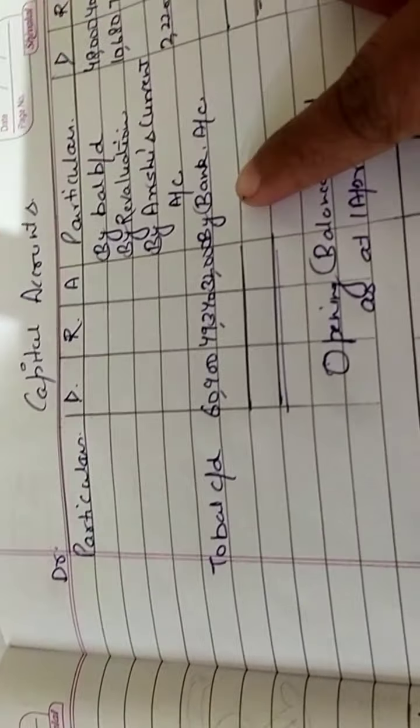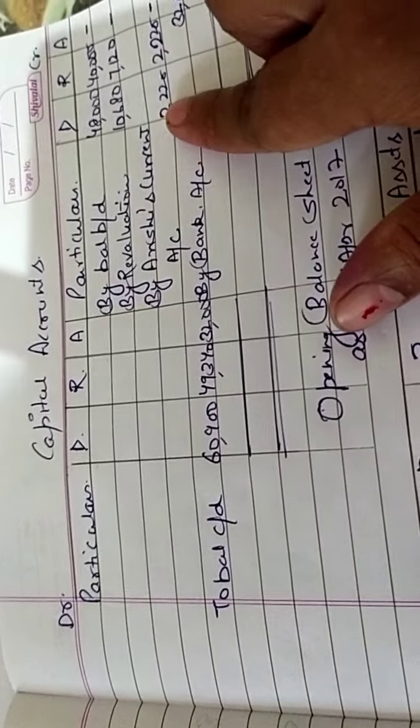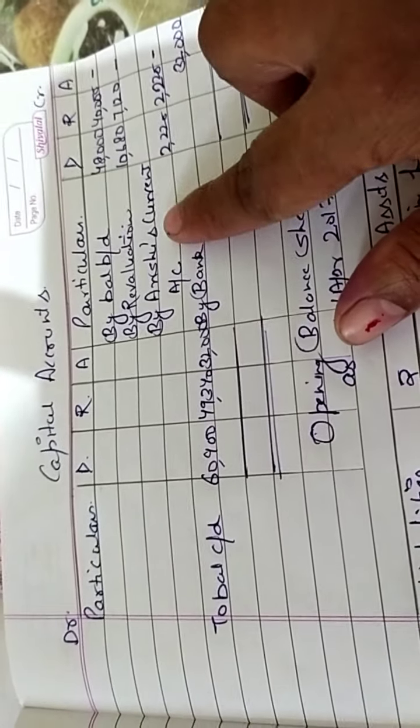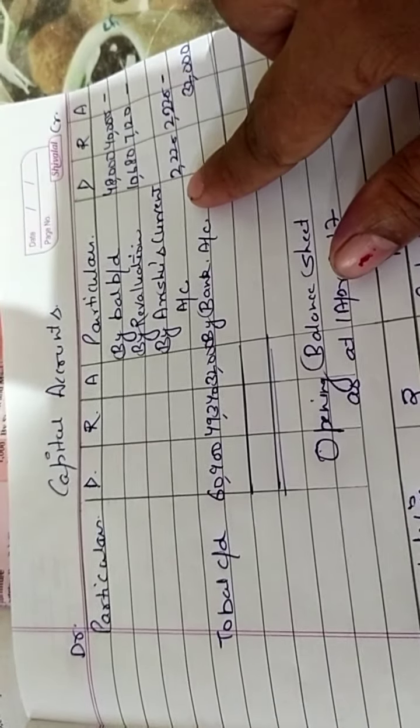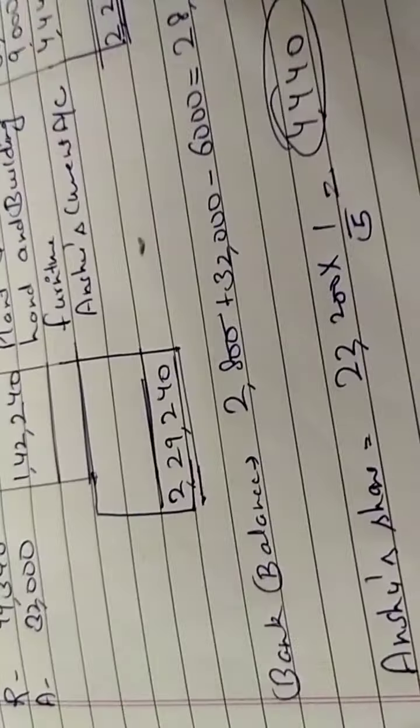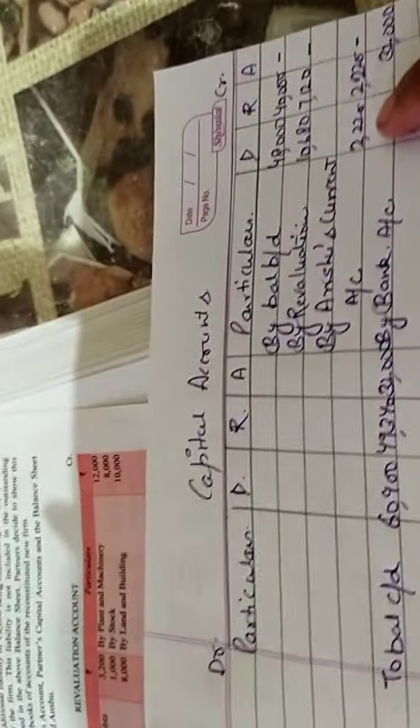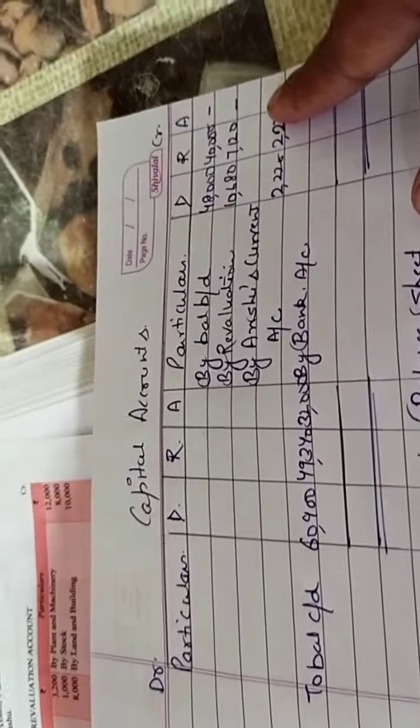Okay, so we can easily make the entry: debiting Anshu's current account by 4,440 and crediting the old partners by 2,220 and 2,220. Okay, and here this entry is by bank account.